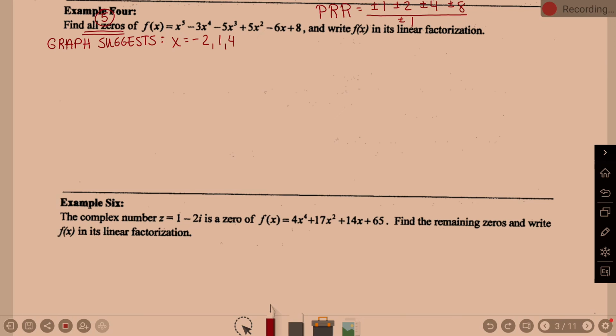Goes up through -2, down through 1, back up through 4. I don't even feel like I have to zoom it out. I feel like I see what I need there.